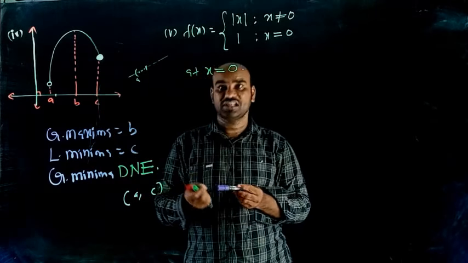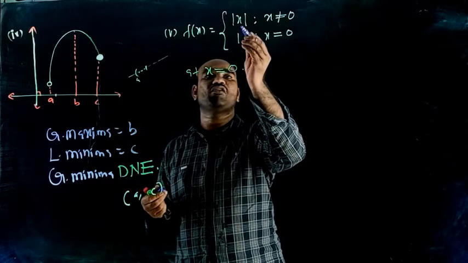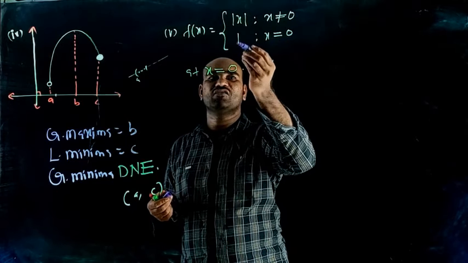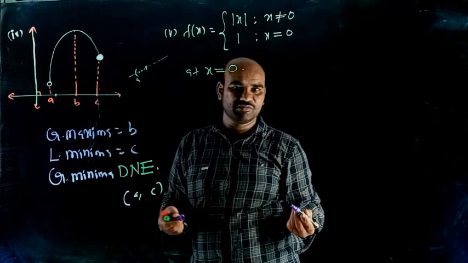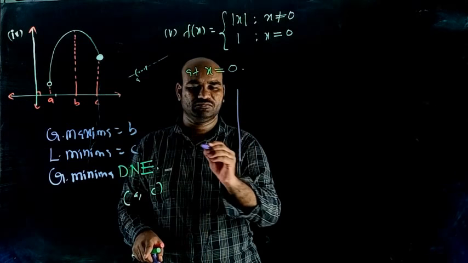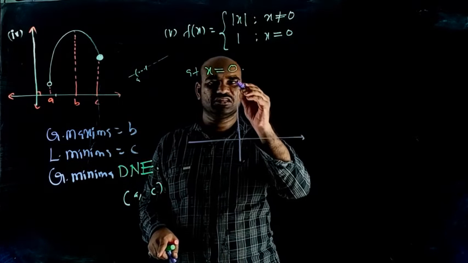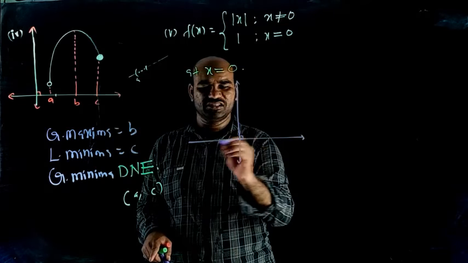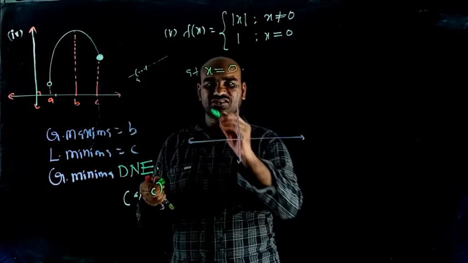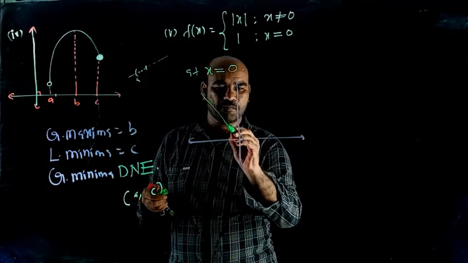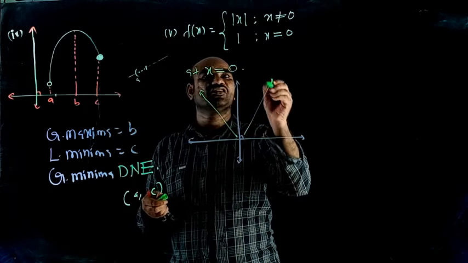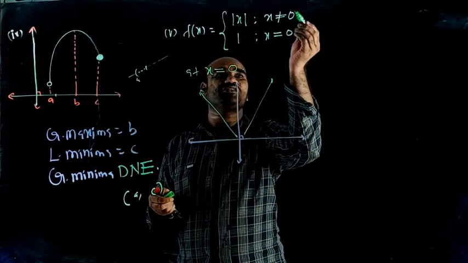Next, another problem. f of x equal to mod x for x not equal to 0, and 1 for x equal to 0. Simple problem. We need to draw the graph. This is the y-axis and this is the x-axis. You know that the graph of the modulus function, mod x, is nothing but this. But the important thing is, mod x is for every x except 0.